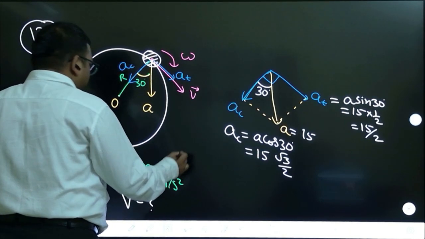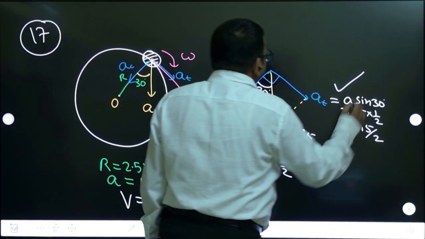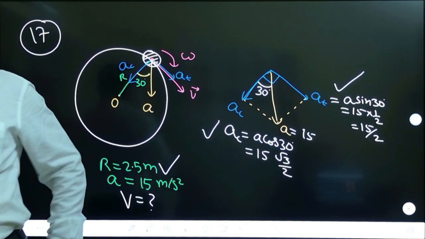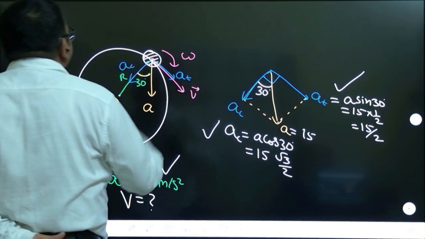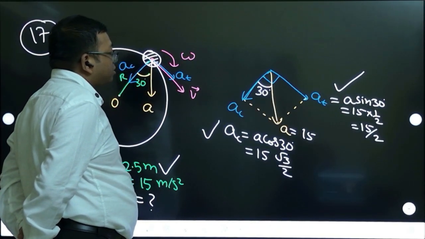You know the radius, you know centripetal acceleration, you know tangential acceleration. How to calculate speed now? But omega we don't want. We want speed.